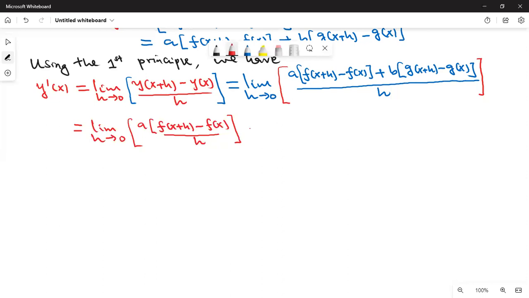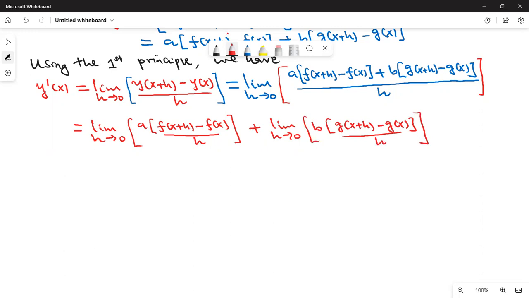Then we are adding this to another limit as h approaches 0 of b times g of x plus h minus g of x, this is over h.